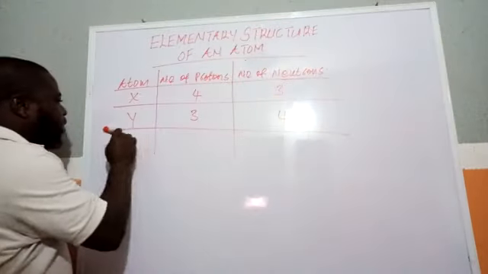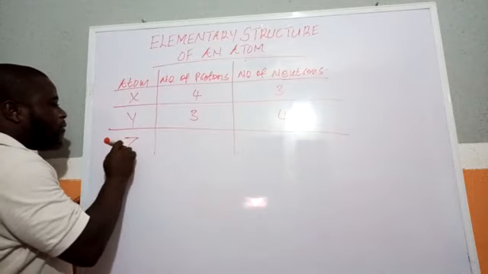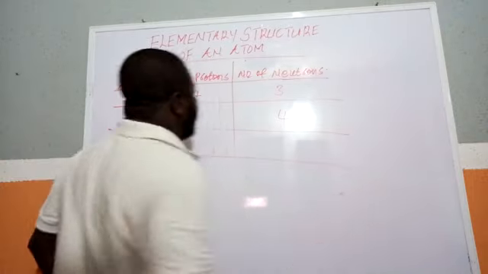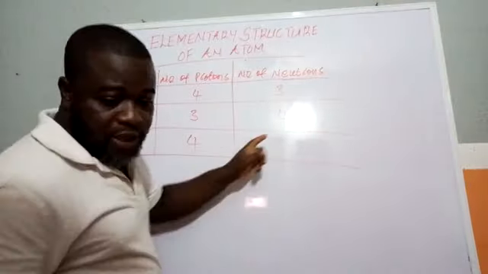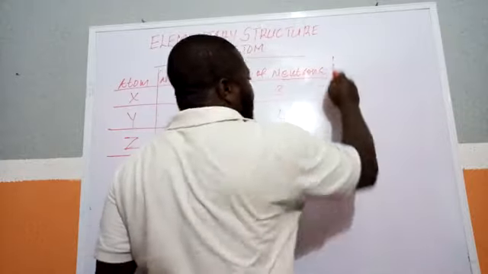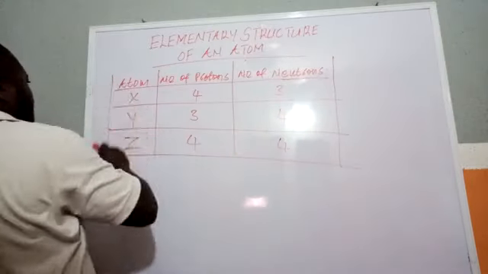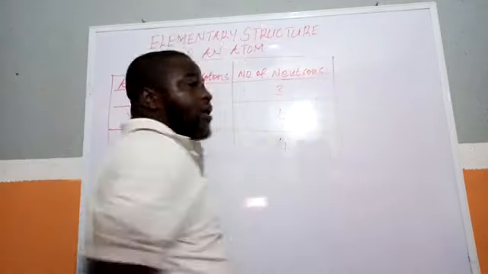Then the last one we have atom Z. Under the number of protons we have 4, and under the number of neutrons we have 4. So this table is what I want to give you for the second question.